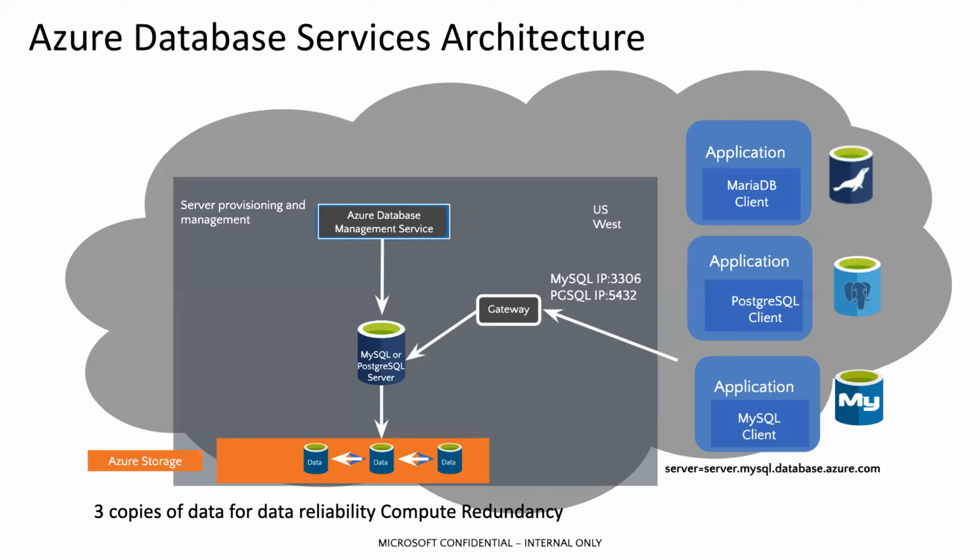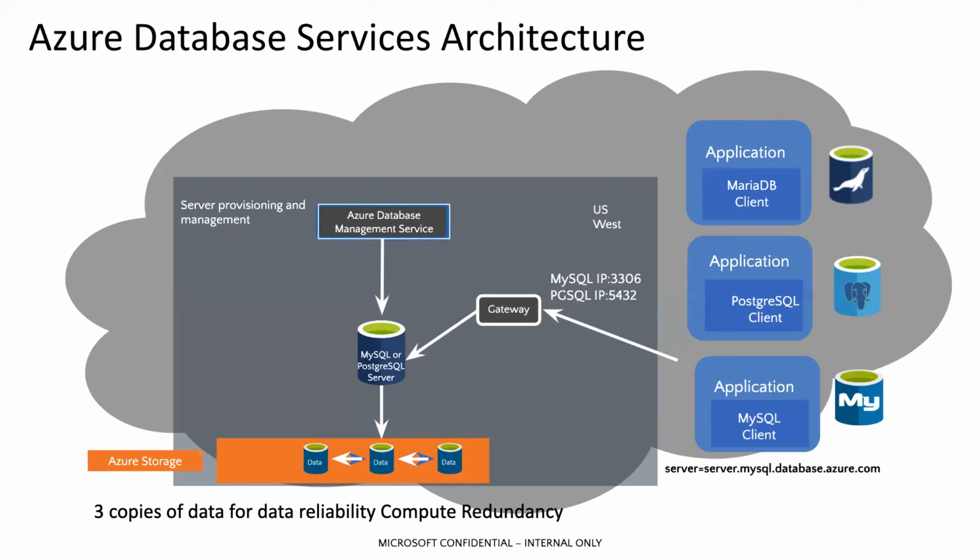So in our architecture and design, we have separated compute and storage. Your compute, or the binaries for PostgreSQL, runs on a compute container, and this is not a Docker container. This is our proprietary container which we have developed on the Azure platform, which runs the database engine. And your data files for the database run on Azure storage.